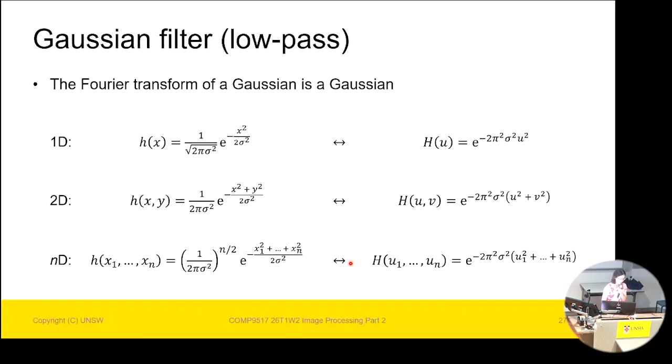Okay, so now we are back to the Gaussian filter. We keep coming back to this because it's one of the best filters. It's very useful in many, many cases. We defined these equations during the last lecture. Here I just want to briefly show you the equations in the frequency domain.